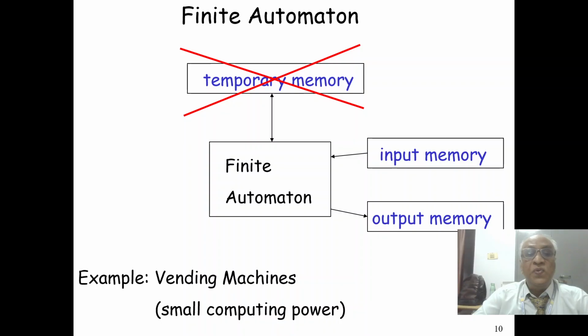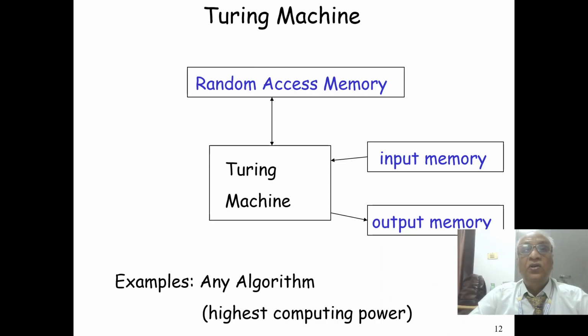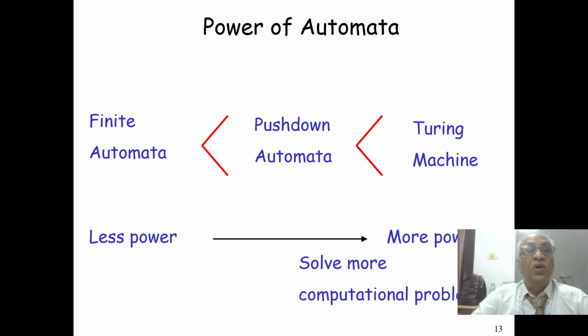Finite automata has small computing power, pushdown automata has a stack, and Turing machine has random access memory. If you look at the power of automata, the hierarchy goes from lower power to more power: the lowest power is finite automata, followed by pushdown automata, followed by Turing machine.